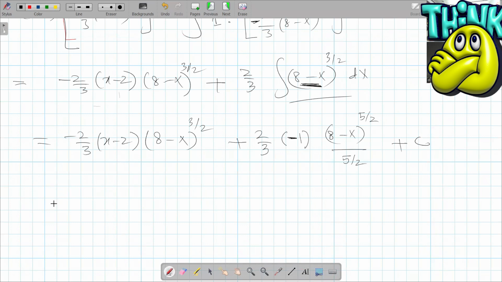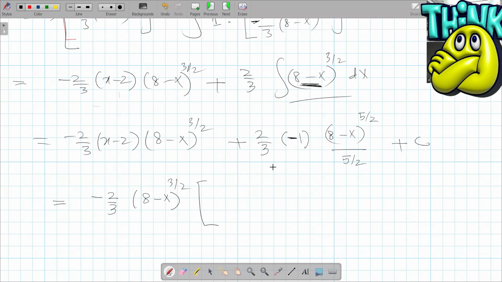So negative 2 upon 3 is common. Let's take some numbers and expressions common from these two terms. What is common is negative 2 upon 3 and (8 minus x) to the power 3 upon 2.